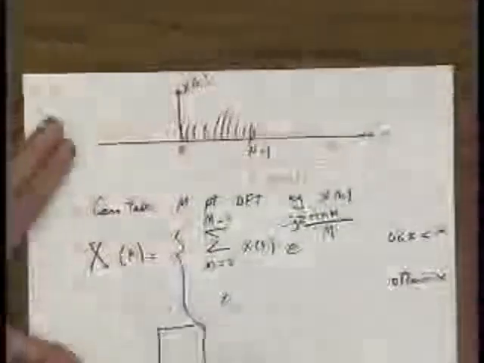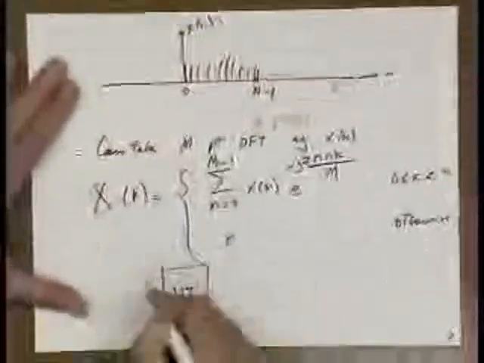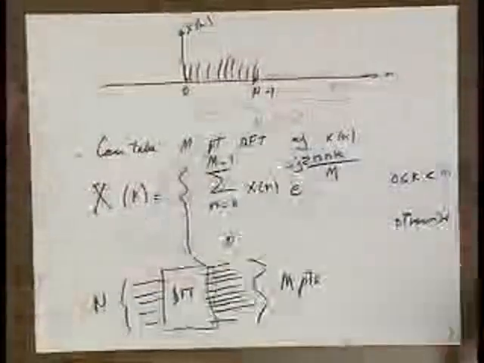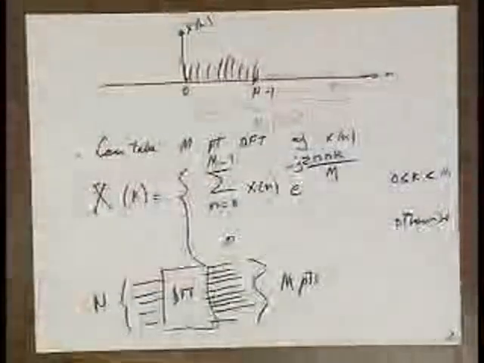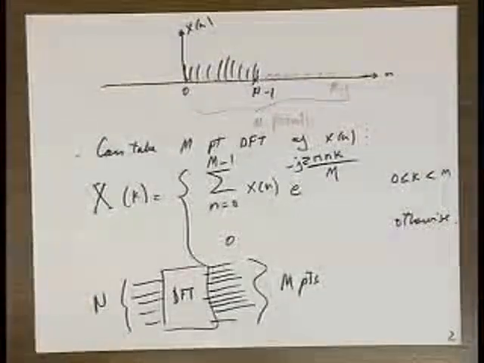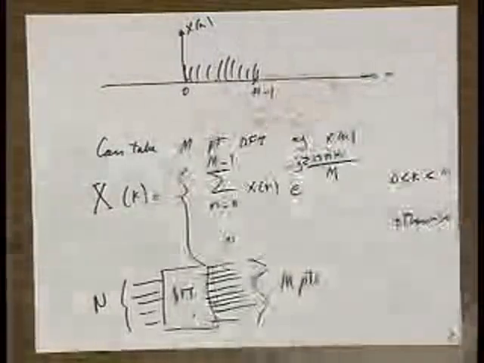So in this case, what's really happening, this is my DFT box, M points go in, and M points come out. And I can refer to this thing as the M-point DFT of that same sequence. And the reason it makes sense, even though the original sequence only had N points, is because you can always pad it with enough zeros to make it an M-point sequence and get done and over with.